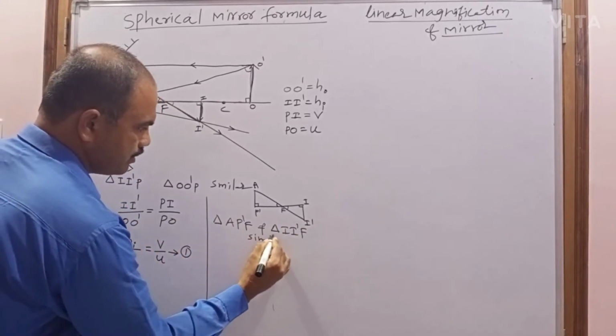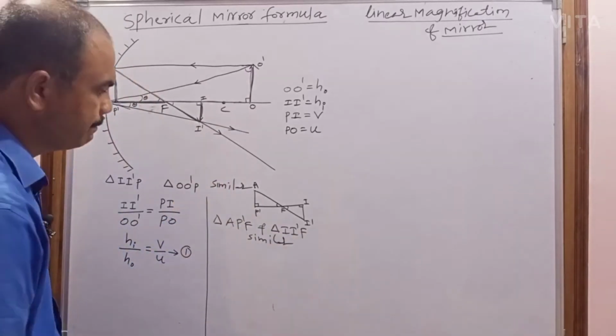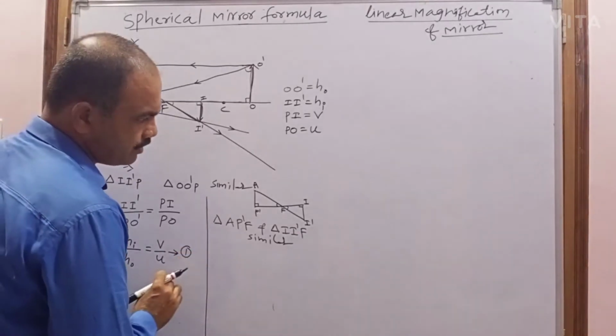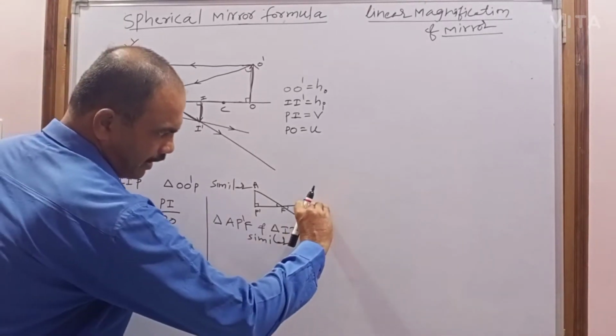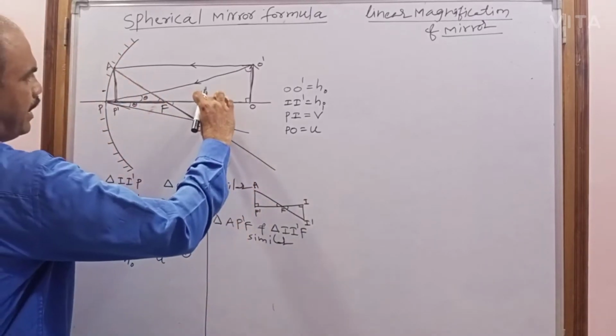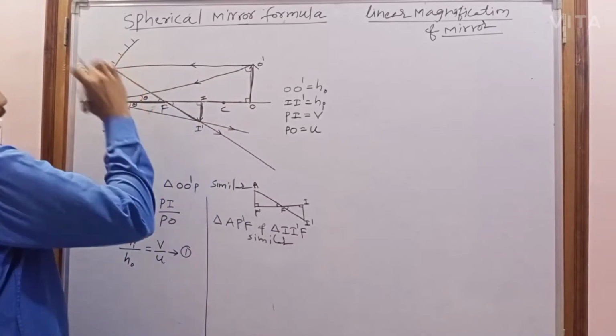So their corresponding sides are proportional. What corresponding side? This is I dash, and the corresponding side is AP dash.